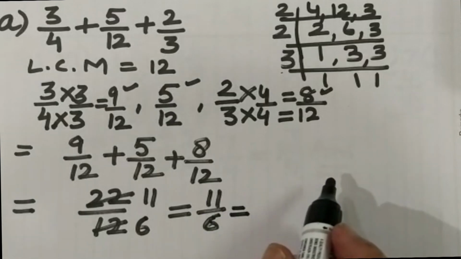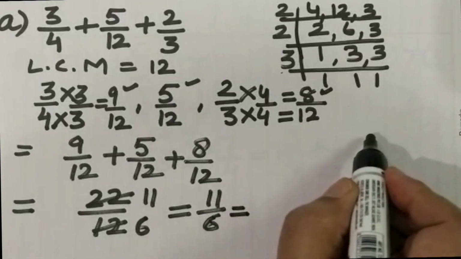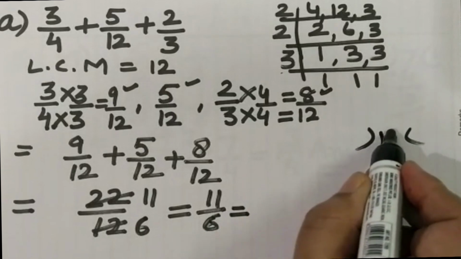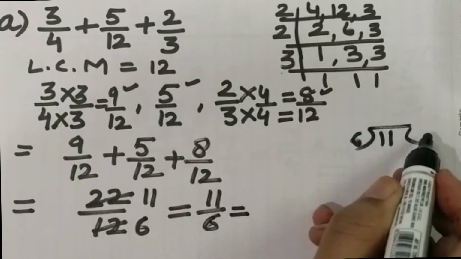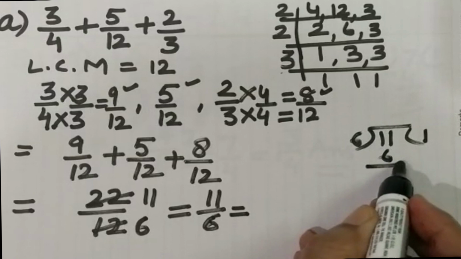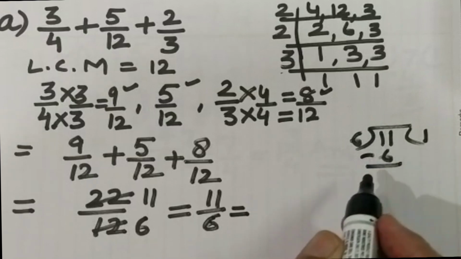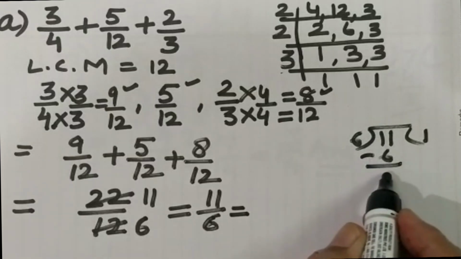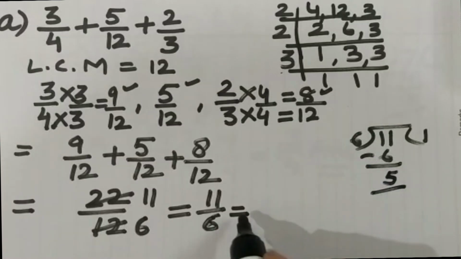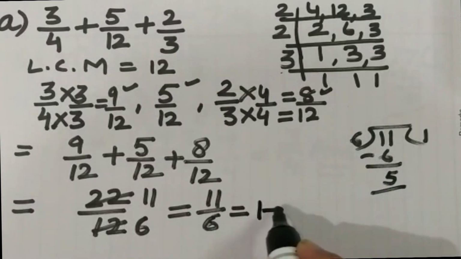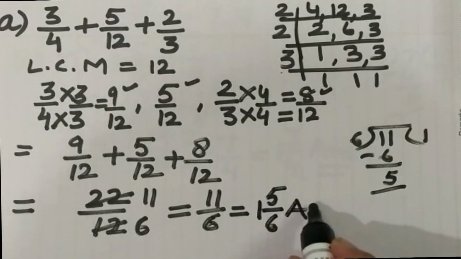In rough space you will see 11 and 6, 6 times 1 is 6, and 11 minus 6 is 5. So your answer is 1 whole number 5 by 6. Answer.